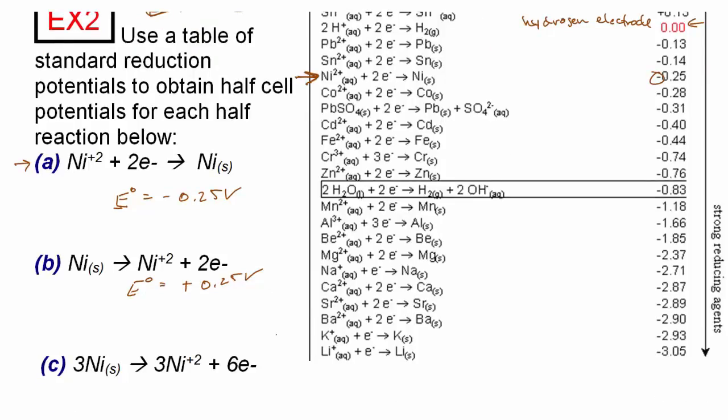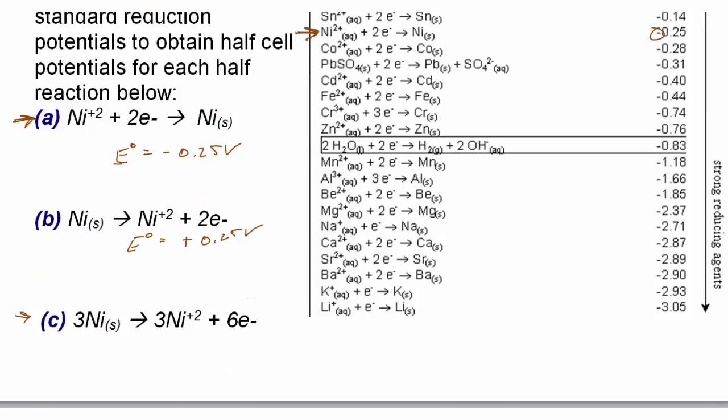What if we multiplied this top equation through by 3 and we ended up with C? What changes with E0? Nothing. It's an intensive property. It's kind of like density. It doesn't matter how much you have, this property remains the same. It's a potential.